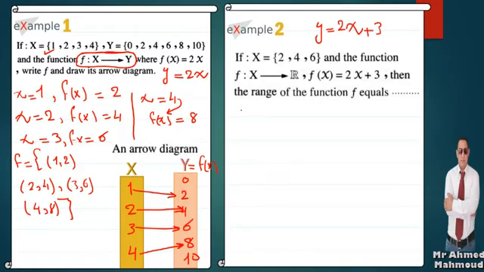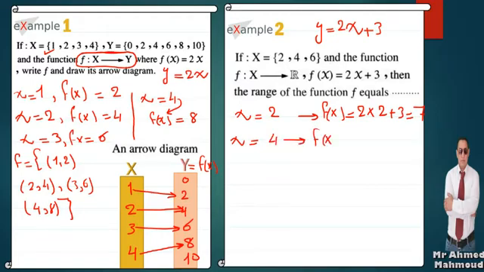First, at x equal 2, then f of x equals, putting 2 here, 2 times 2 plus 3, which is 7. At x equal 4, then f of x equals 2 times 4 plus 3 equals 11.